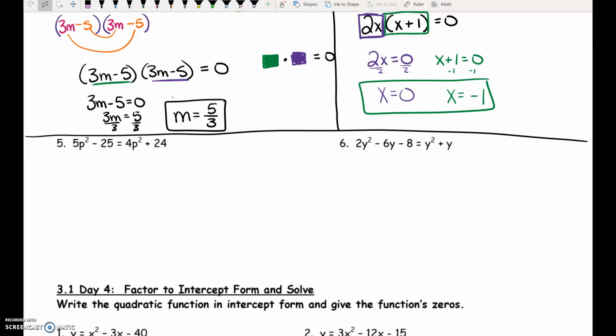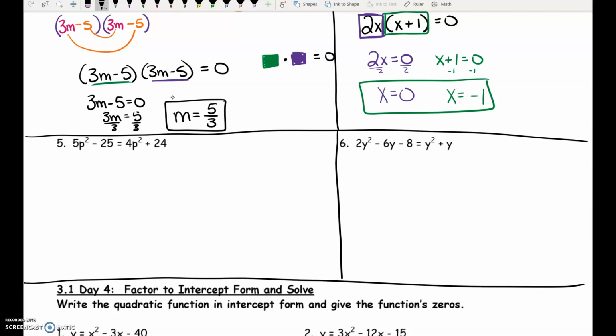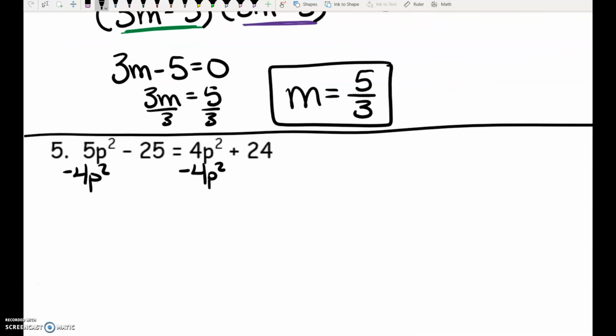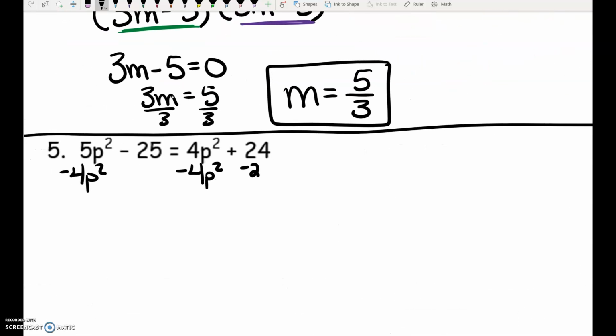All right, number 5. What's wrong with number 5? Is it equal 0? No. So first thing we need to do is get this to be equals 0. So I'm going to subtract 4p squared on both sides. And I'm going to subtract 24 on both sides. So I want this side over here to equal 0.